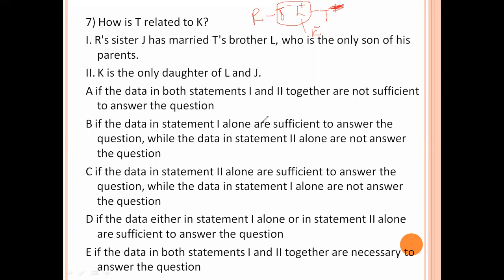So T is aunt of K. Here, if the data in one alone are sufficient to answer the question, or if the data in statements 1 and 2 together are not sufficient, no. If the data in statement 1 alone are sufficient while the data in statement 2 alone are not, this is not right.